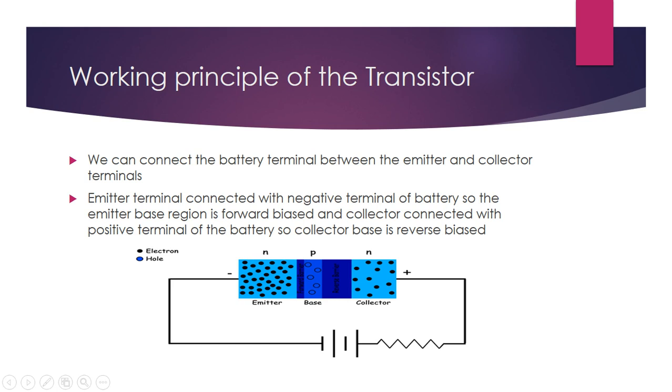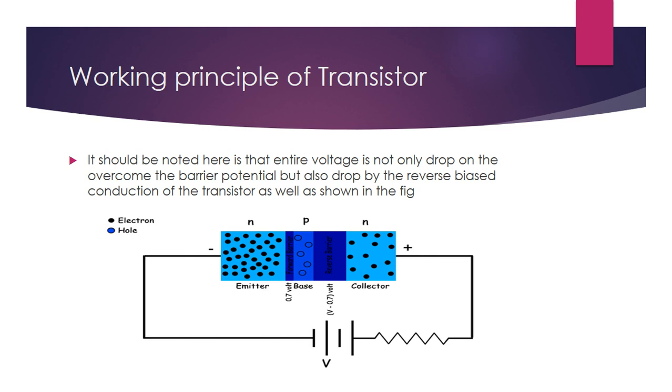Now these are the separate symbols of the transistor. The black shows the electrons, and the blue color represents holes.